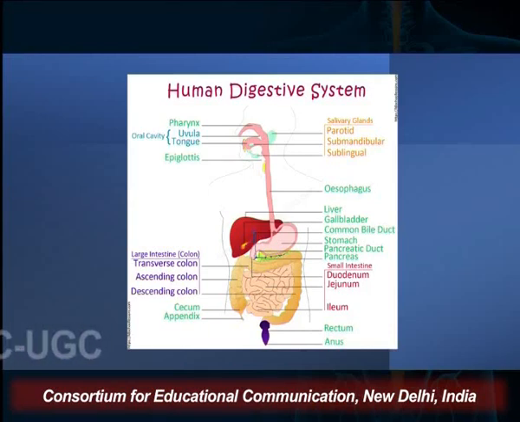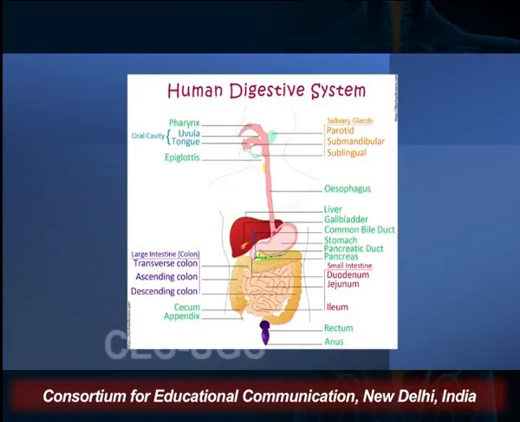You can see that we take in the food through the mouth. So, that is the first organ of the digestive system. Then comes the pharynx. We have also learned about the pharynx in the respiratory system, so this is a common organ of the digestive system and the respiratory system.